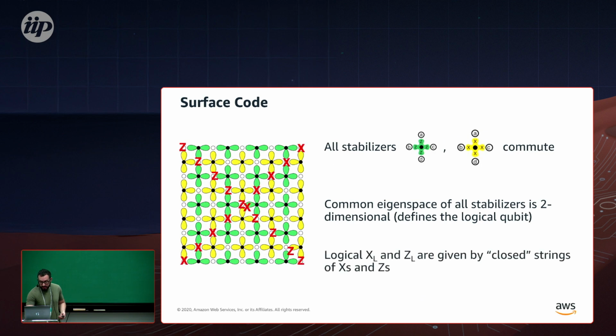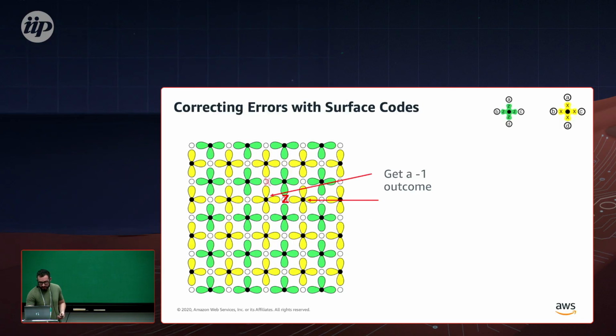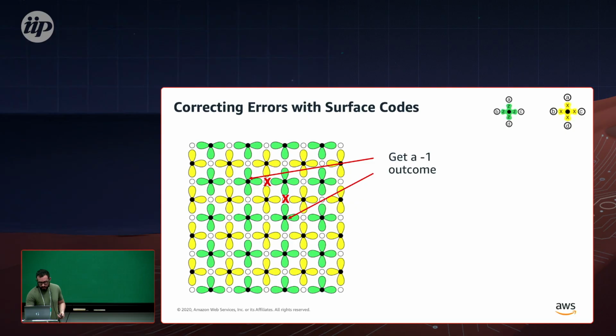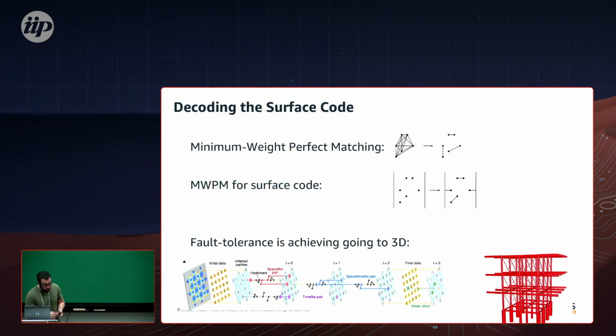To do it, this is a picture from a paper from Google where they do this kind of error correction experiment. You have to do a similar kind of perfect matching with minimal weights, but also thinking about errors that happen in time, errors that happen while you're trying to measure the stabilizers.